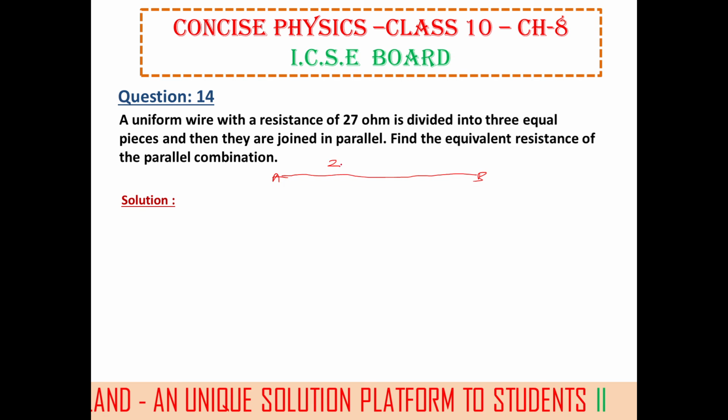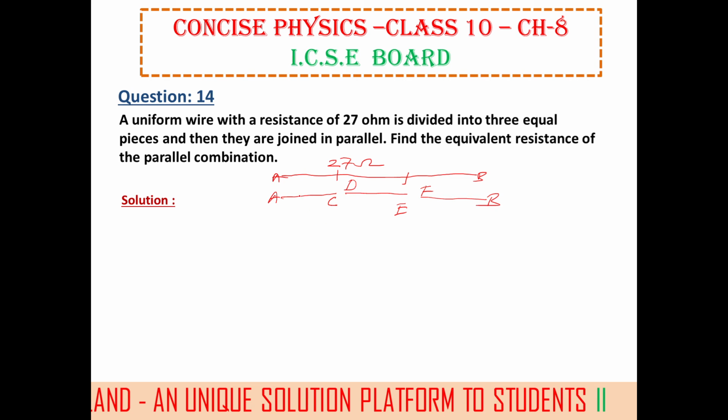The resistance is 27 ohm. It has been divided in three equal parts. So if I cut it in three equal parts, it will be like this: part 1, part 2, part 3. So if I name these A, C, D, E, F and B.